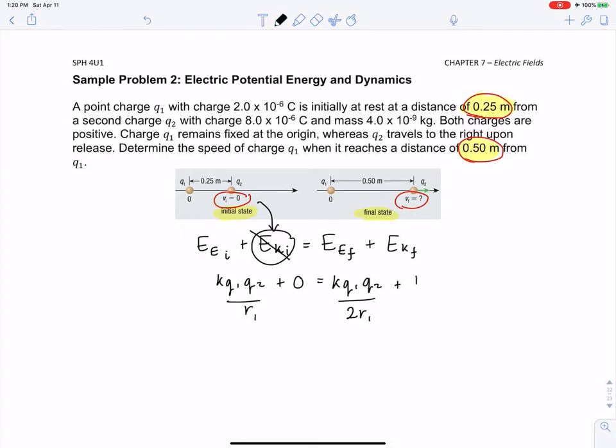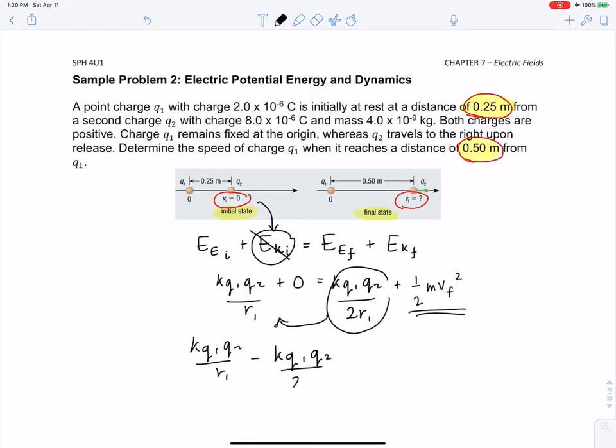And what we want to find is the final velocity of Q2, remembering that Q1 remains fixed. Okay, we want to solve for vf, so I'm going to bring this term over the equal sign. We have k Q1 Q2 over r1 minus k Q1 Q2 over 2r1 equals 1/2 m vf squared.